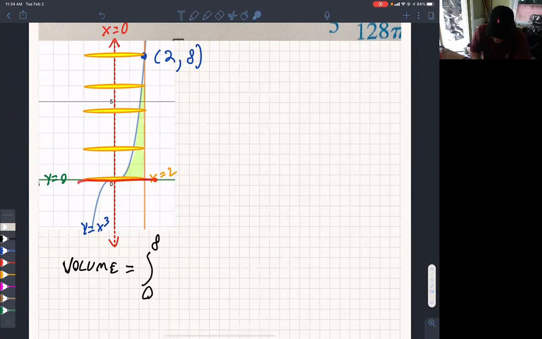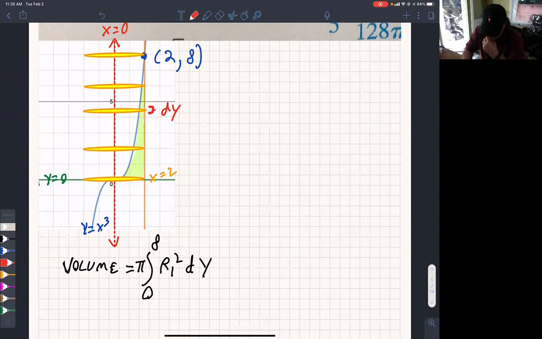The first disk is y equals 0. The last disk is y equals 8. So I need to add all those up. And it's pi, and I'll call it r1 squared dy. Why? Because the thickness of a disk, as you move up and down, is a change in y. That will be dy.